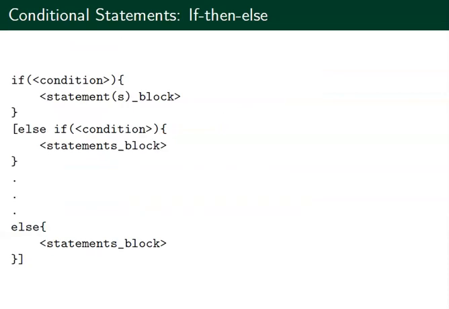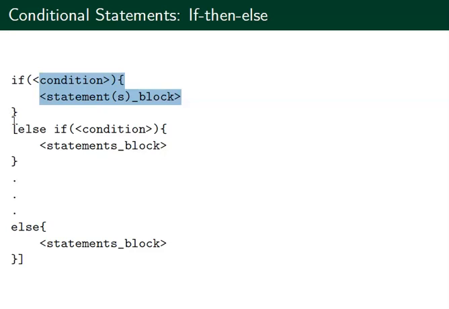So last time we took a look at the if-then-else conditional statement, and it basically looks the same as in Java. And as we said, in this case we will be using the braces, because this is a question that we got in the interactive tool.